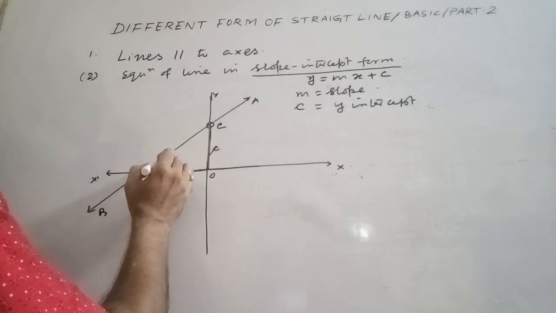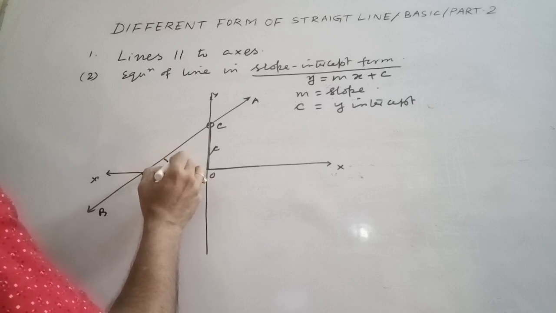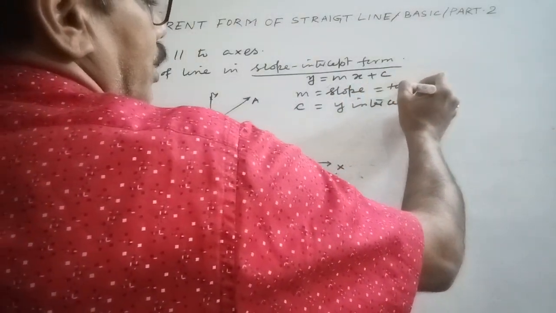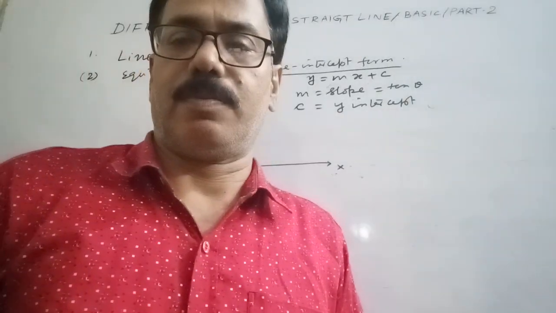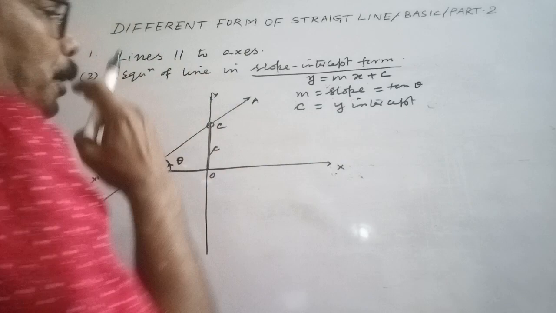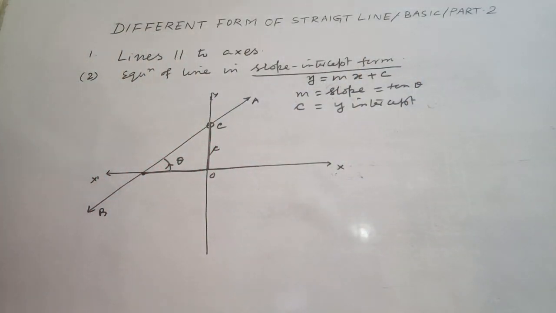The angle made by the line with the positive x-axis is theta. So what is m? m is slope, tan theta. So what is slope-intercept form? You have to say y equals mx plus c, where m equals tan theta.